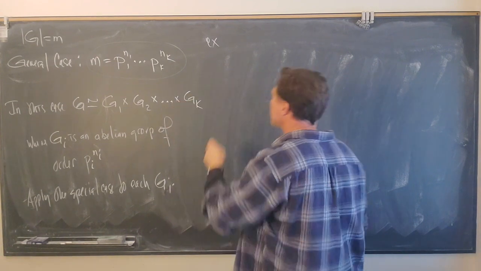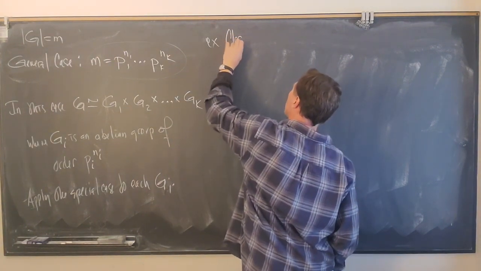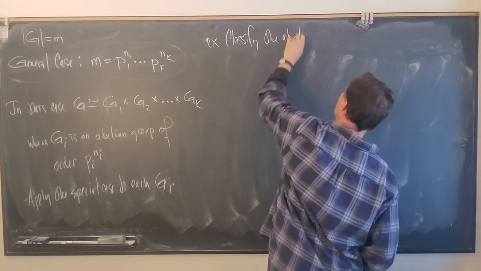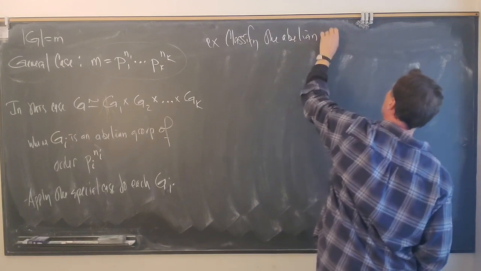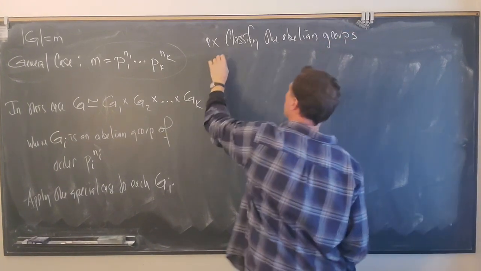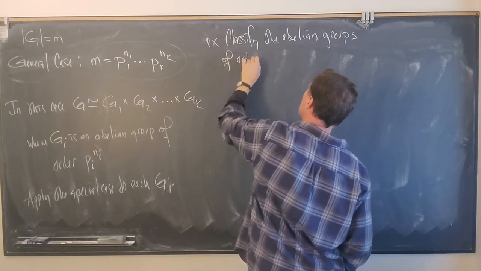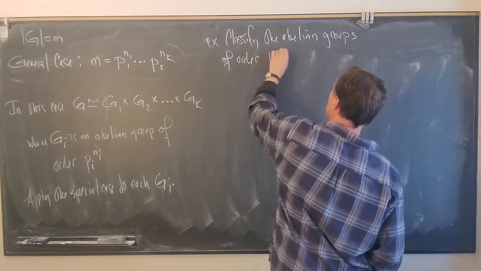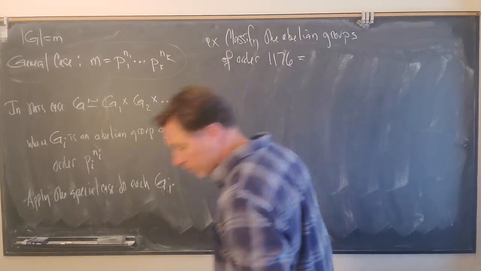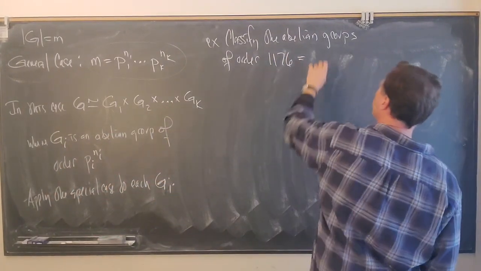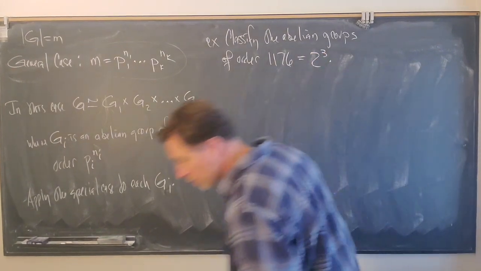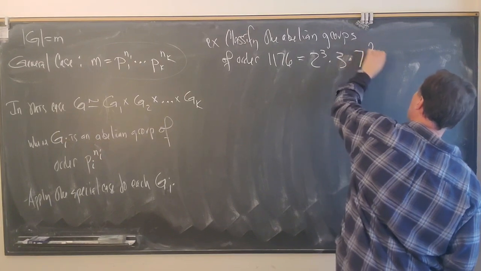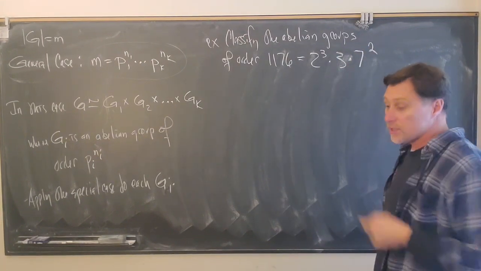What I'd like to do is classify the abelian groups of order 1176, which has prime factorization 2 to the third times 3 times 7 squared.